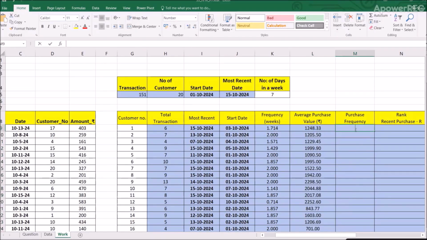Now, let us calculate the purchase frequency of every customer. It's the total transactions divided by frequency, in weeks.